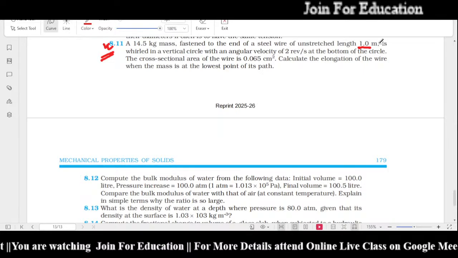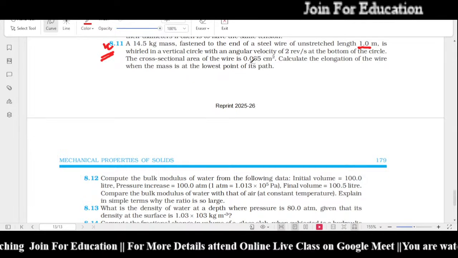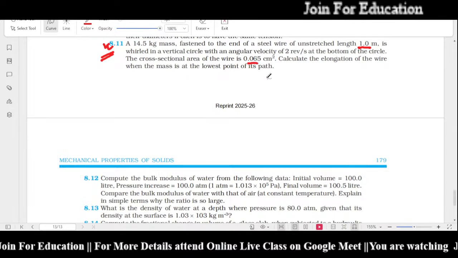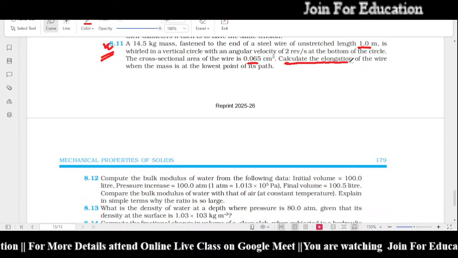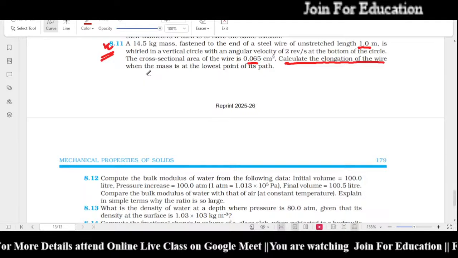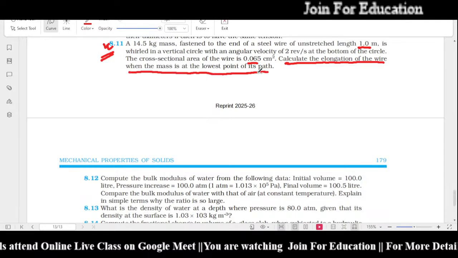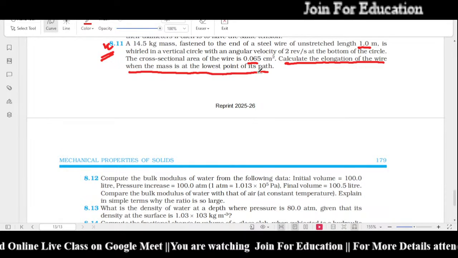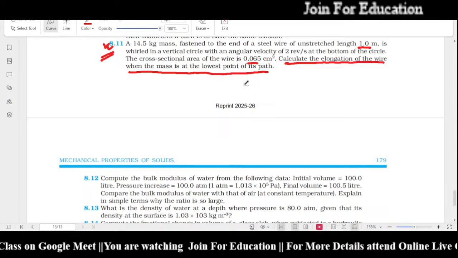At the bottom of the circle, the cross-sectional area of the wire is 0.065 centimeter square. Calculate the elongation of the wire when the mass is at the lowest point of its path.